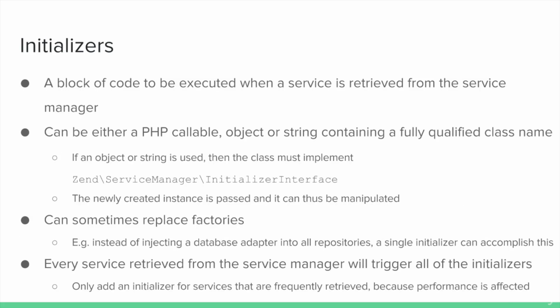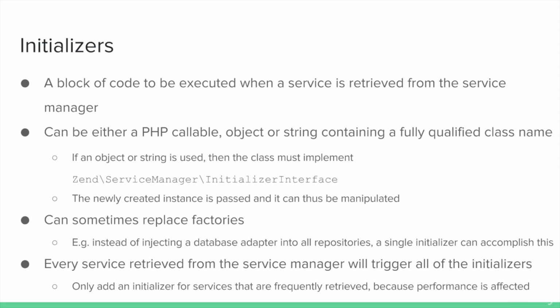We also have something called initializers in Zend Framework 2. This is a block of code that is to be executed when a service is retrieved from the service manager. This can either be a PHP callable, an object, or a string containing a fully qualified class name. If an object or string is used, then the class must implement the initializer interface.